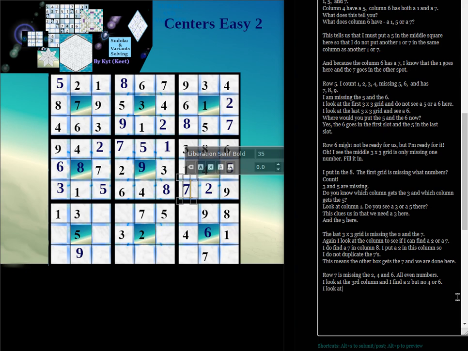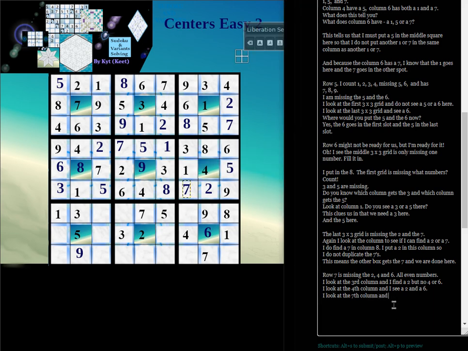I look at the fourth column and I see a 2 and a 6. I look at the seventh column and I see a 4 and 6.